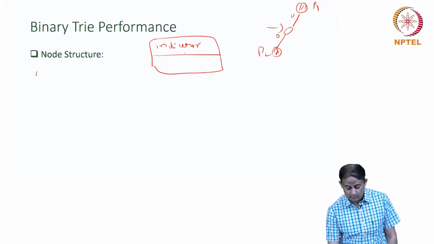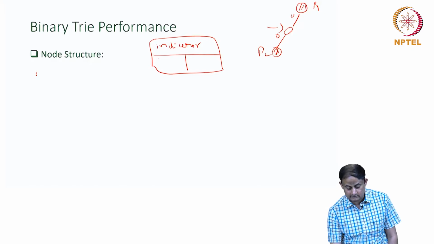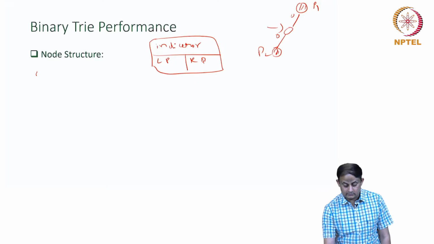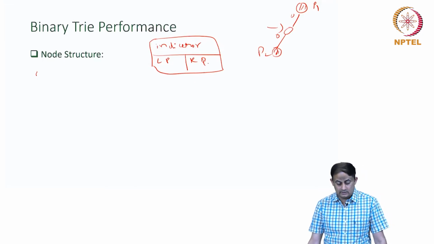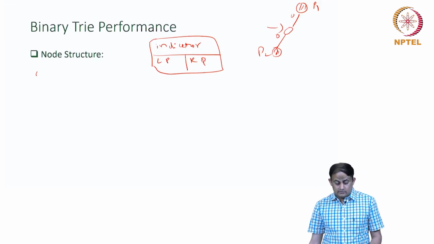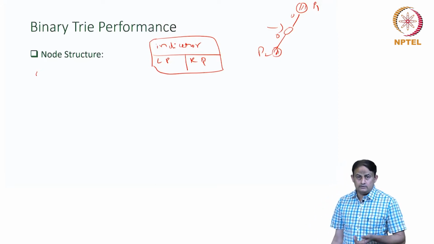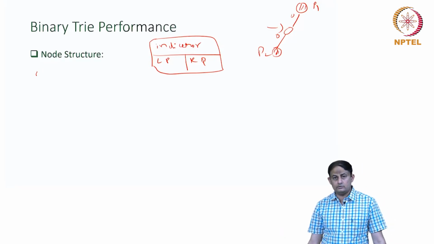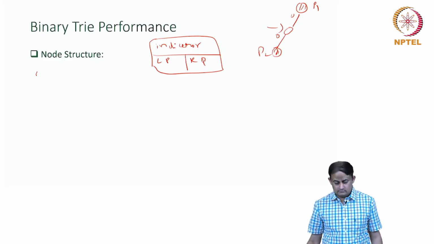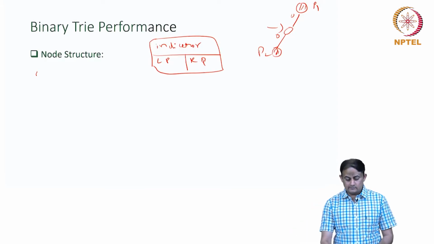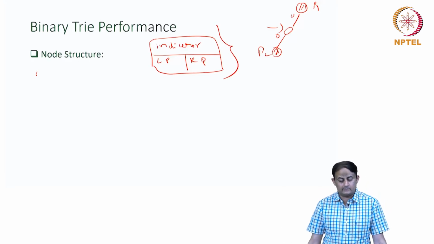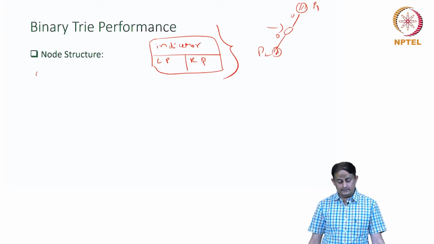So we will have 2 pointers, the left pointer and the right pointer. So every node can have this kind of structure, and you need to create as many structure variables as there are nodes in the binary trie. So if there are n nodes, n times whatever space this occupies would be the space required for the entire trie.